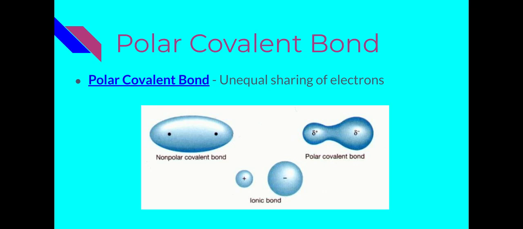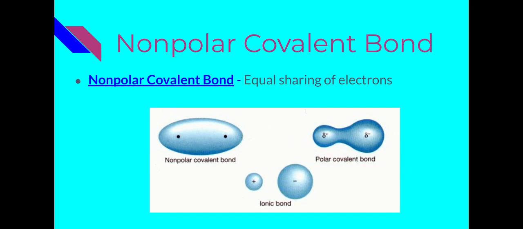A polar covalent bond is when there's an unequal sharing of electrons, which means you end up with a partial negative and a partial positive end. Now, a nonpolar covalent bond is when there's an equal sharing of electrons. An example of this would be oil, which is going to have nonpolar bonds, so they don't stick together.